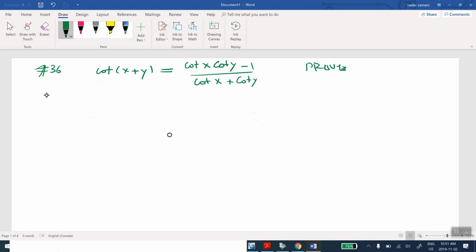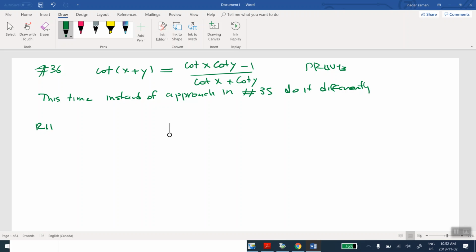So this time, instead of the approach in number 35, I'll do it a different way. I suggest you follow the same approach as in 35 and make sure you can get it. I'll start with the right-hand side.